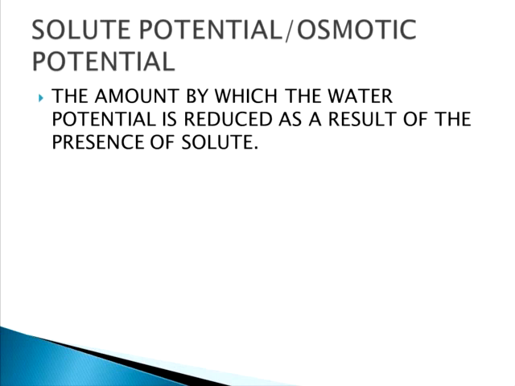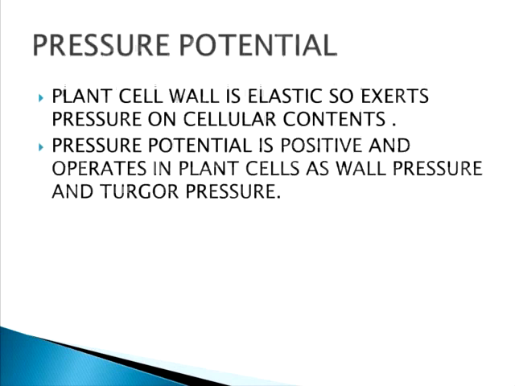Now comes pressure potential. Matric potential, solute potential, and then comes the term pressure potential. All of you know the plant cell wall is elastic and it exerts a pressure on the cellular contents.